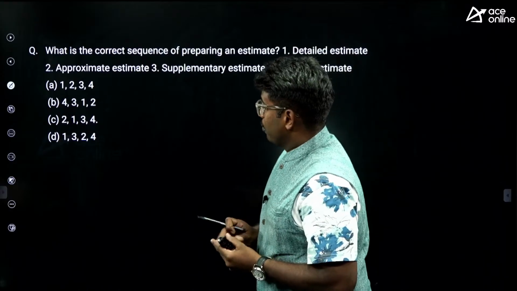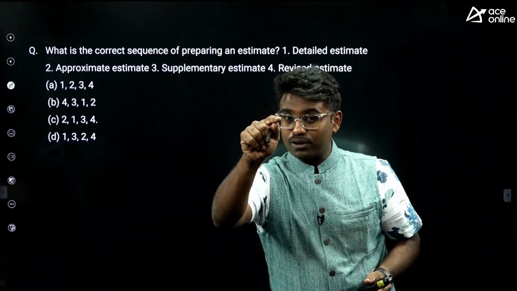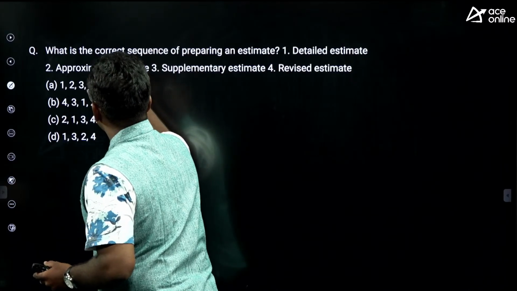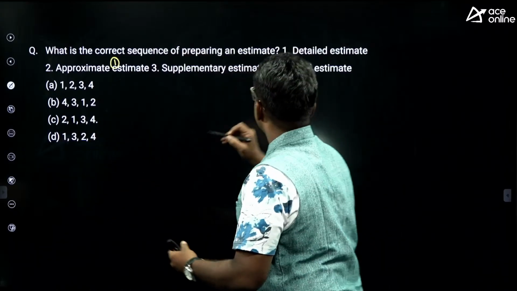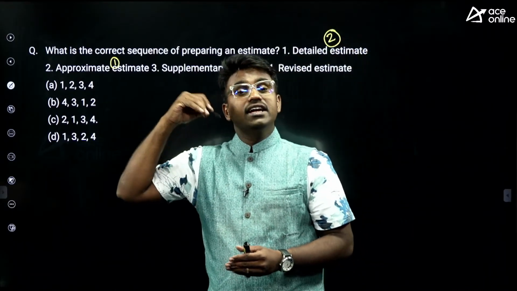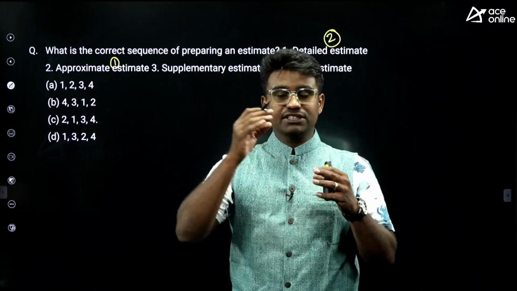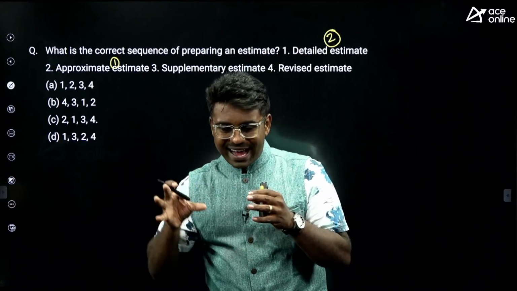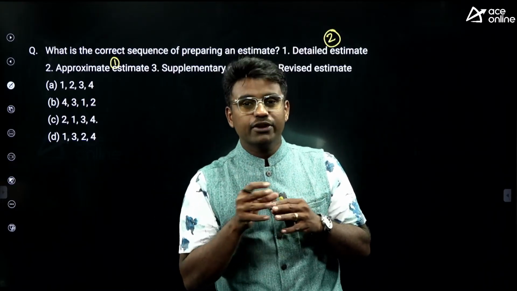During the time of administrative approval, the approximate estimate is made. Initially, before you start a project, first of all, we prepare an approximate estimate. If it is okay, then we enter into a detailed estimate. For example, the construction work has started. You get some new ideas for the building or the structure. You add some items of work into the estimate.